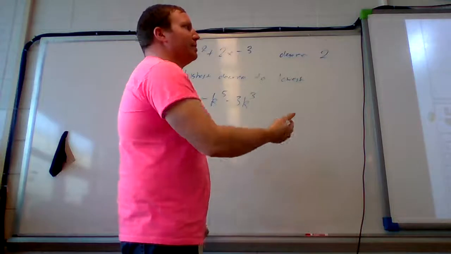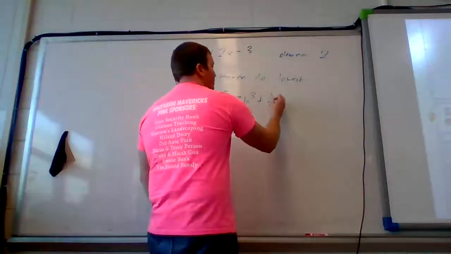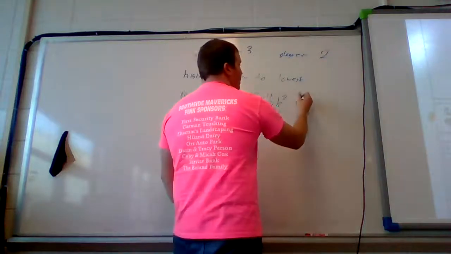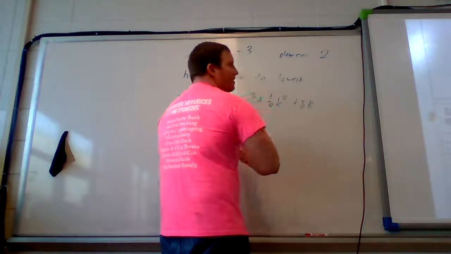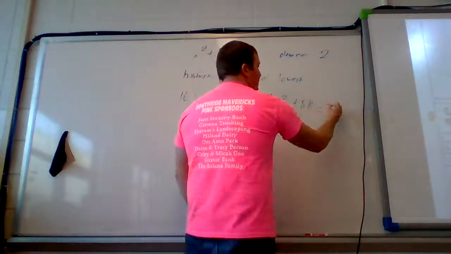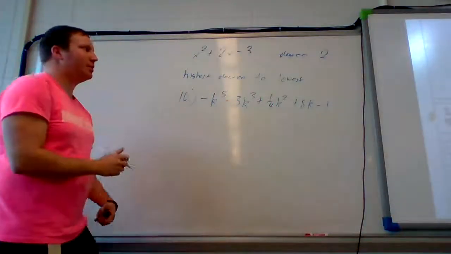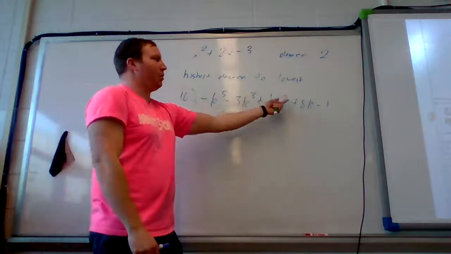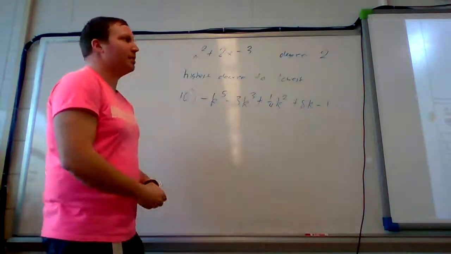And we go to our next highest, plus 1/4 k squared, plus 8k, and minus 1. Okay, so there's our standard form. Highest degree, working our way down to our lowest degree.